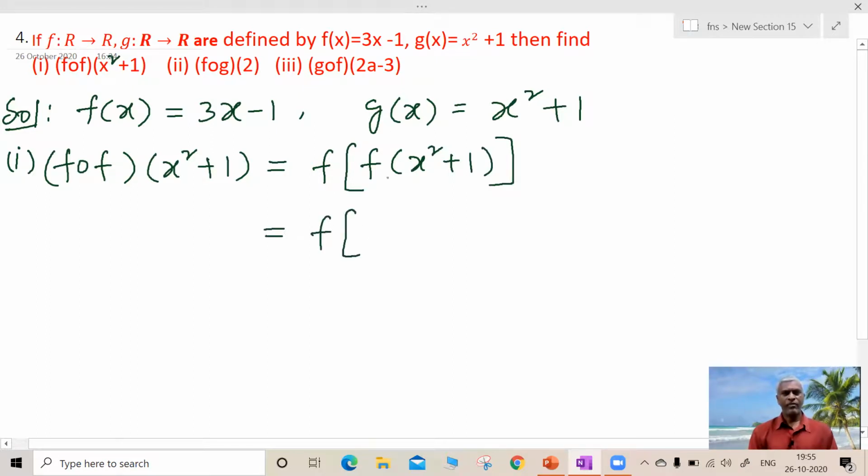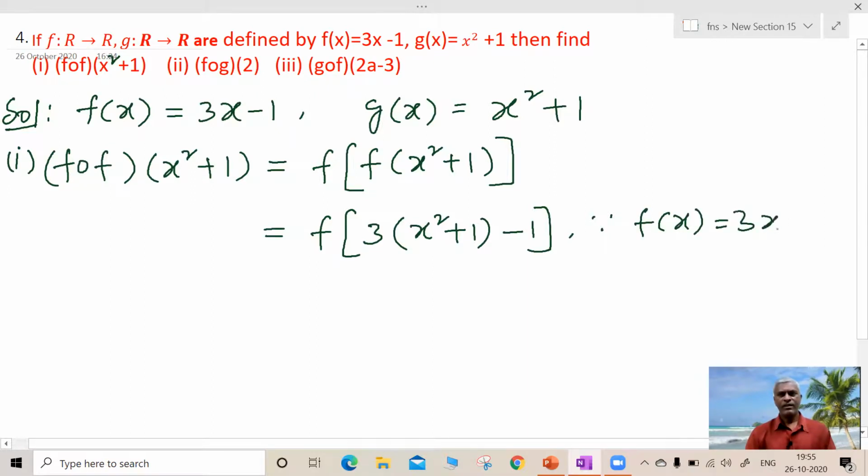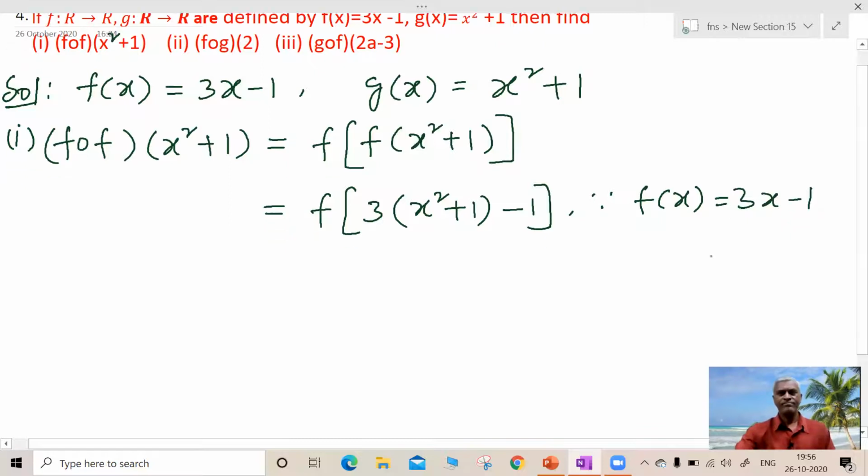And next, f of x square plus 1: in f function in place of x, write x square plus 1. 3x minus 1, so in place of x, x square plus 1, since f of x is equal to 3x minus 1.